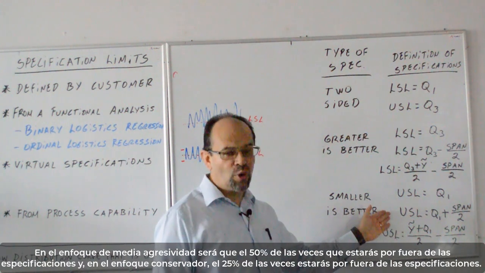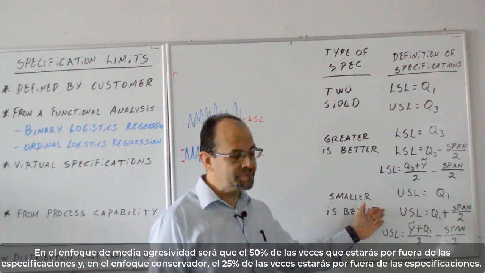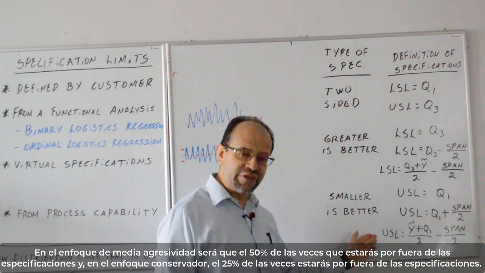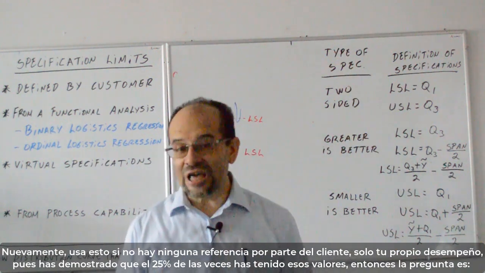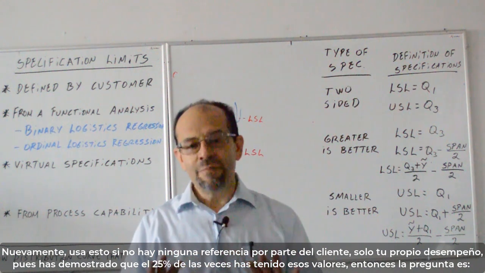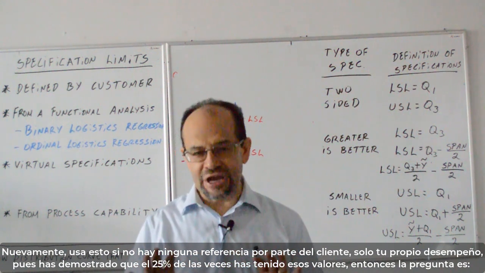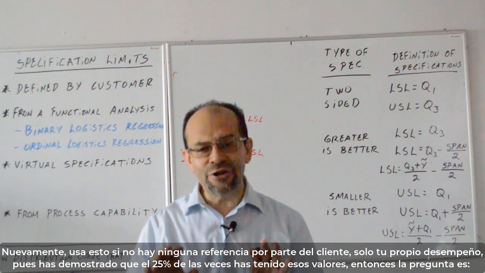This medium approach will be that 50% of the times you will be outside the specs, and the mild approach, 25% of the times you will be outside the specs. Again, there is not any reference to the customer, it's just your own performance, because you have demonstrated that 25% of the times you have had those values.